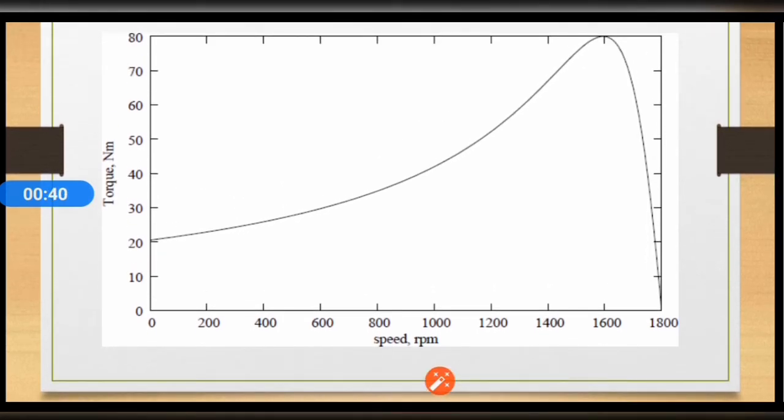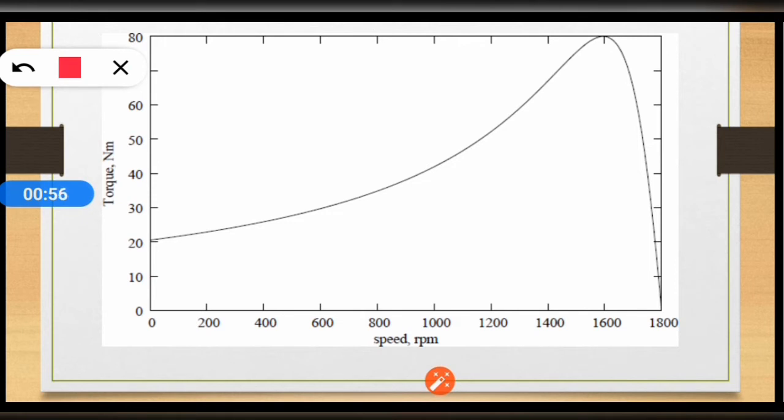There are two regions, discussed in the last lecture. One is the stable region, the other one is the unstable region. We talked about the torque speed or torque slip characteristic.